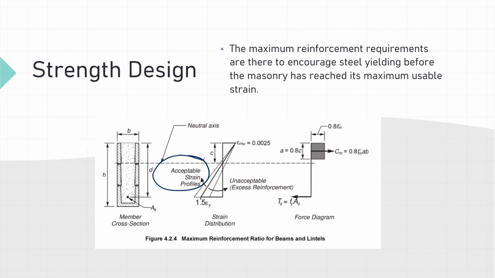If we do not have a strain at least 1.5 times our yield strain, then that would be unacceptable because it would not behave ductilely.